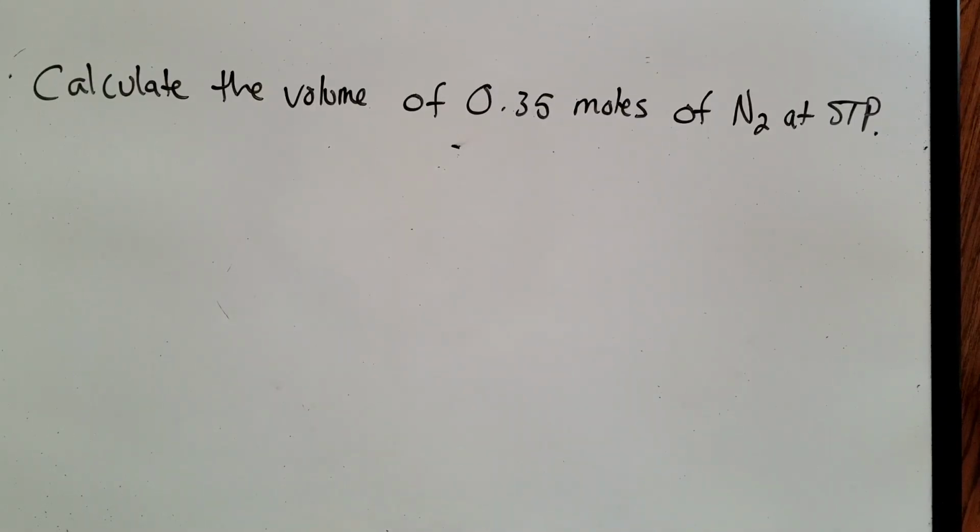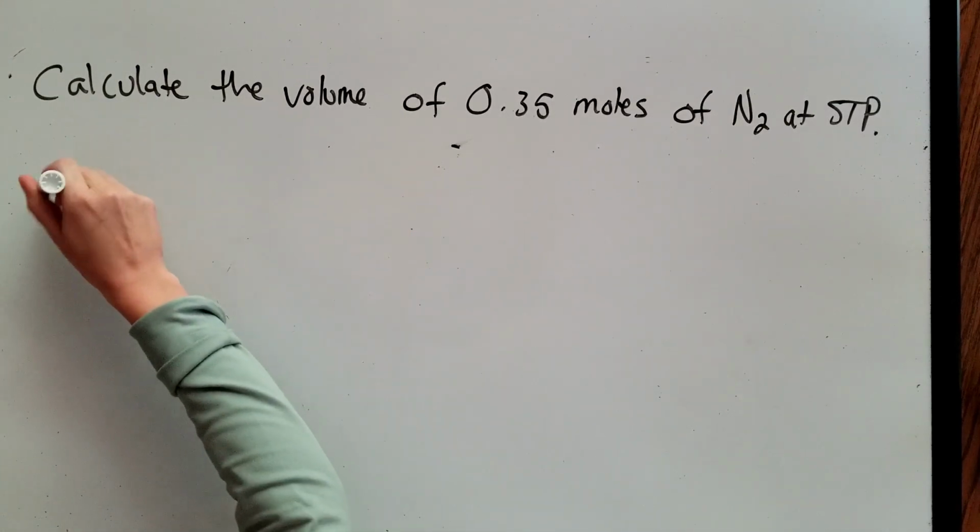Calculate the volume of 0.35 moles of N2 at STP. Okay, so remember STP stands for standard temperature and pressure. So by using those three letters, STP, they're giving us the temperature and the pressure. All right, so calculate the volume.